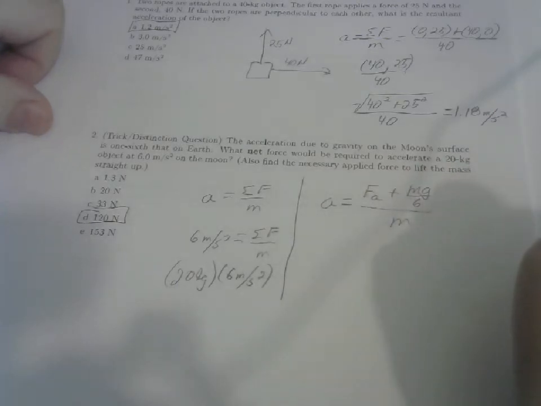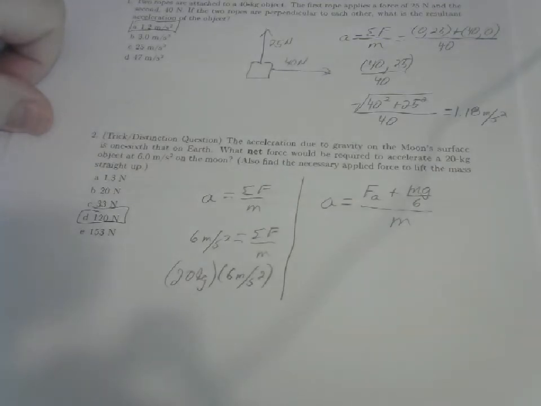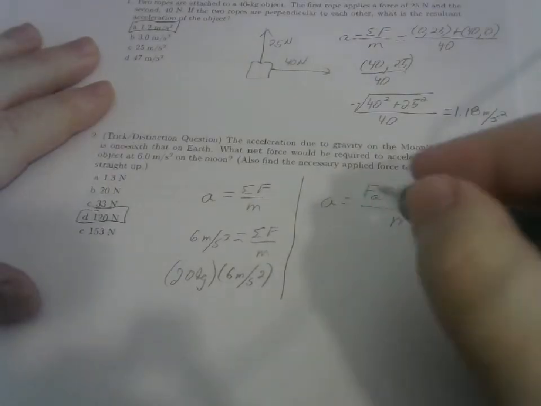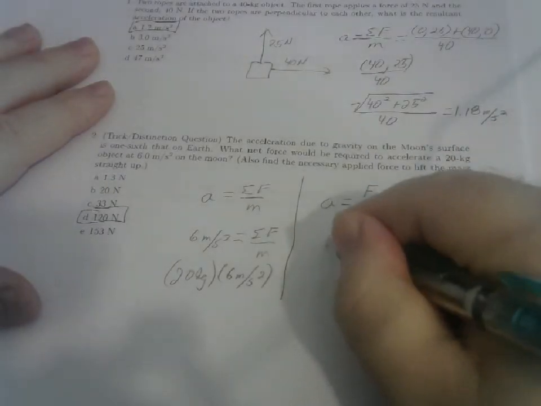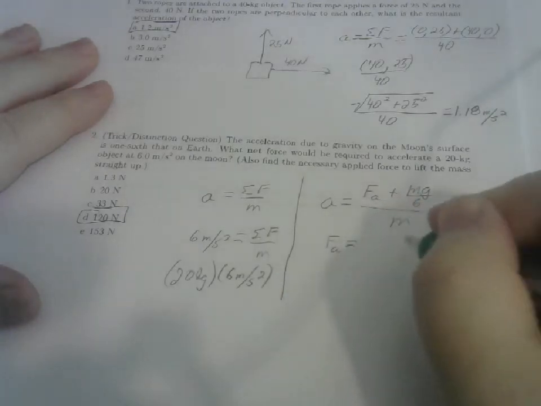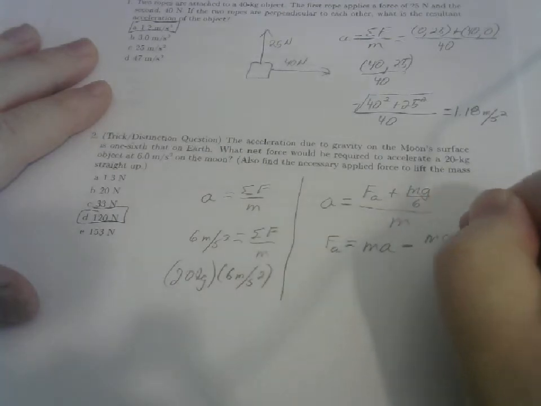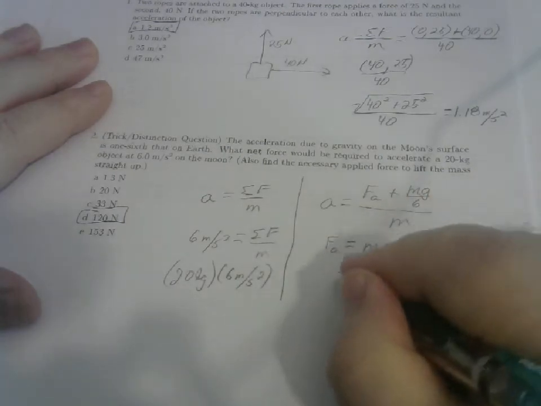So here, this is Newton's second law, and I'm going to solve that for the force applied, which is going to be mass times acceleration minus mg over 6.